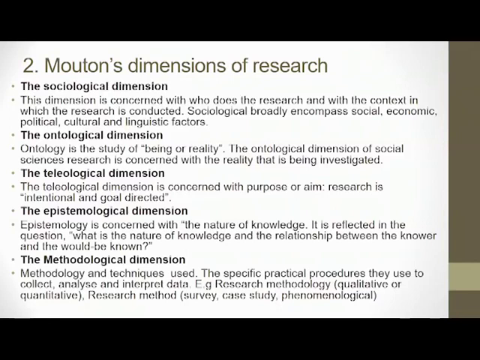The sociological dimension encompasses the social, economic, political, cultural, and linguistic factors. So it doesn't limit the dimension to only the social aspects, it also looks at economic, political, cultural, and linguistic factors. Then you also need to know the ontological dimension, which is the study of being or reality. The dimension is concerned with the reality that's being investigated.